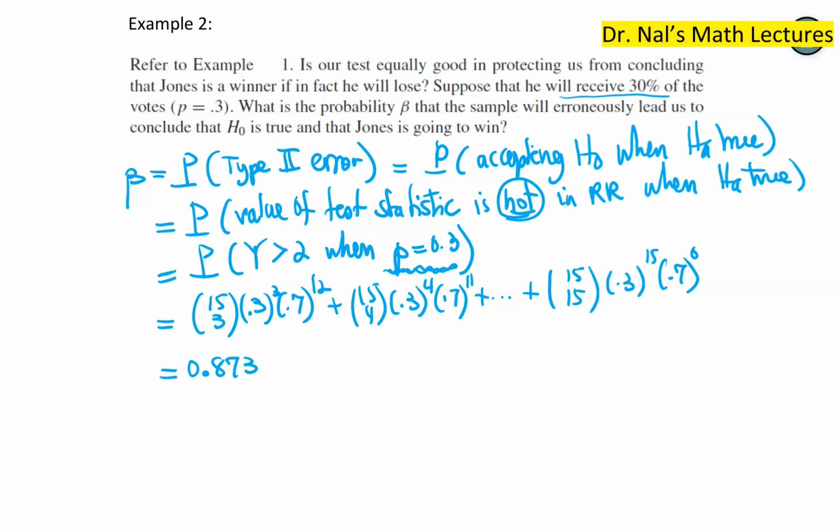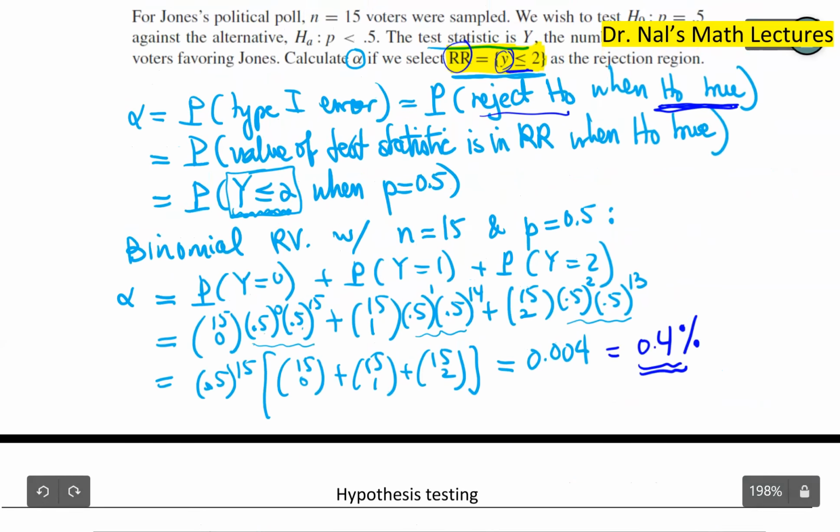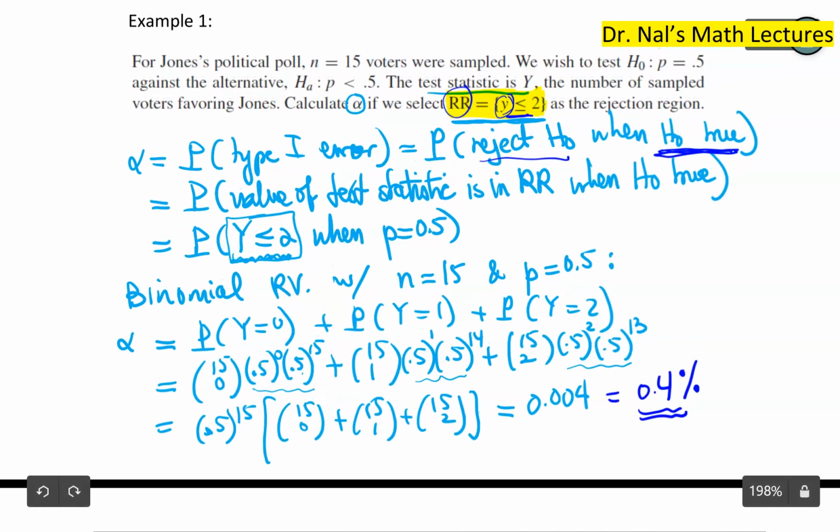So there is this trade-off between type 1 error and type 2 error. Because in the previous example, we were so focused on not committing any type 1 error, we were extremely strict in choosing our rejection region as small as possible.